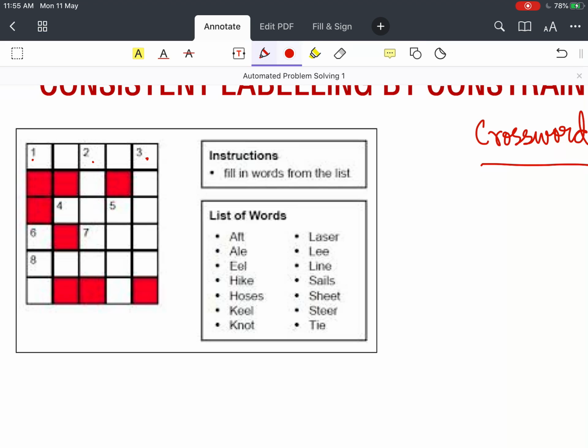From 1 across I have to fill in a word. From 2 down I have to fill in a word. And the list of words is given here. So how do I fill up a word? For example, if I fill up 1, I cannot fill it with anything but a 5-letter word. Let us say I filled up 1 with laser, suppose.